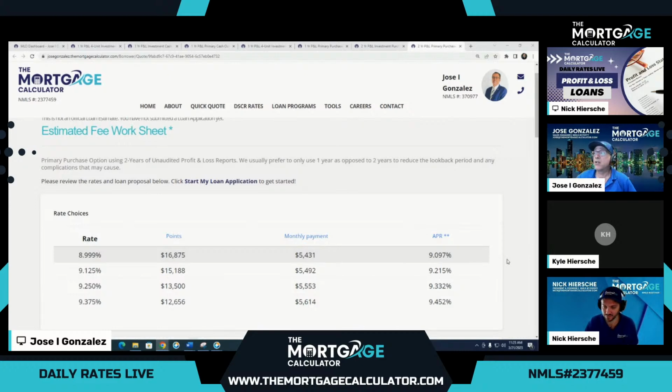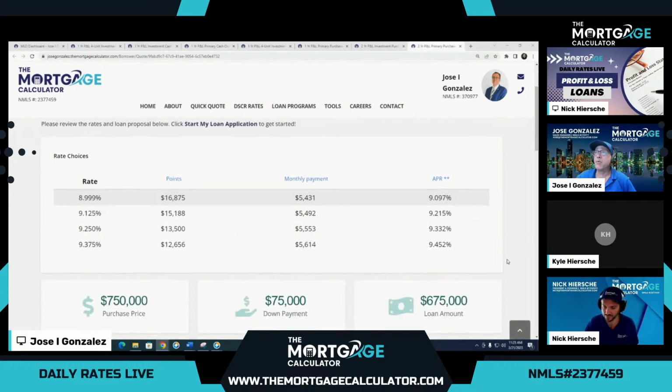Here, our lowest cost option is 9.375. That's at a cost of 1.875 points. And our lowest rate that we can buy down is 8.99. And that was roughly 2.5 points. So still very good rates considering 10% down using 3 pieces of paper.